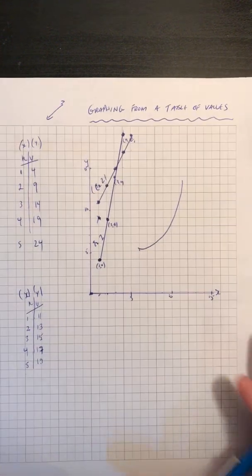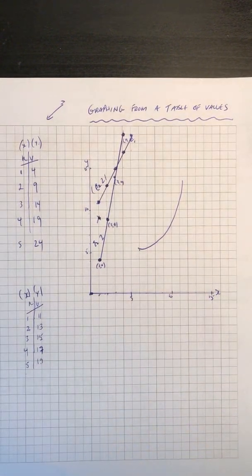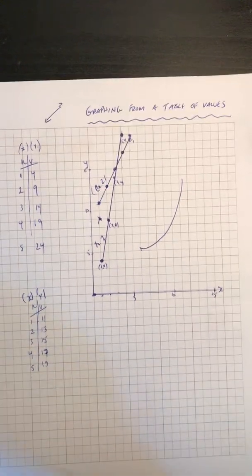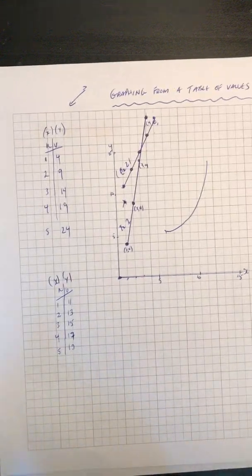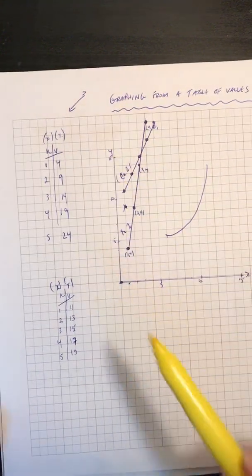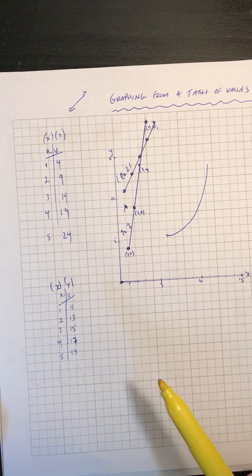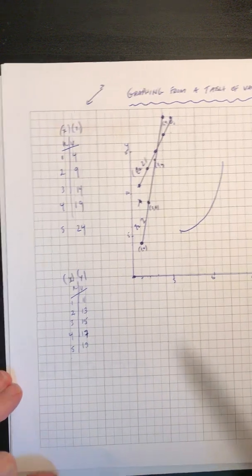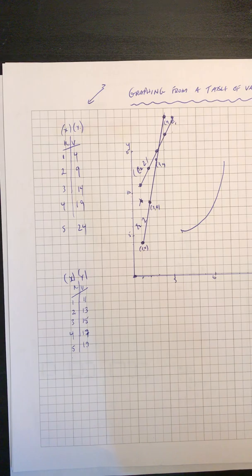Okay, let's not overcomplicate things when we're going to graph a table of values. The most important thing that we need to pay attention to is when you set up your table of values with n and v, n being term number and v being term value, we have to assign an axis to each of those.